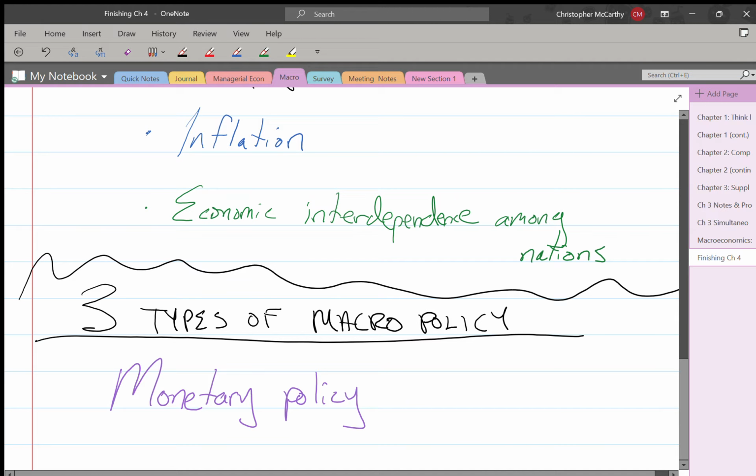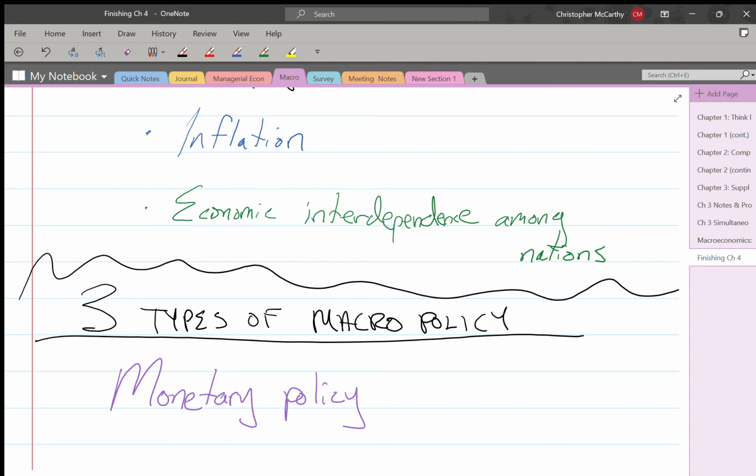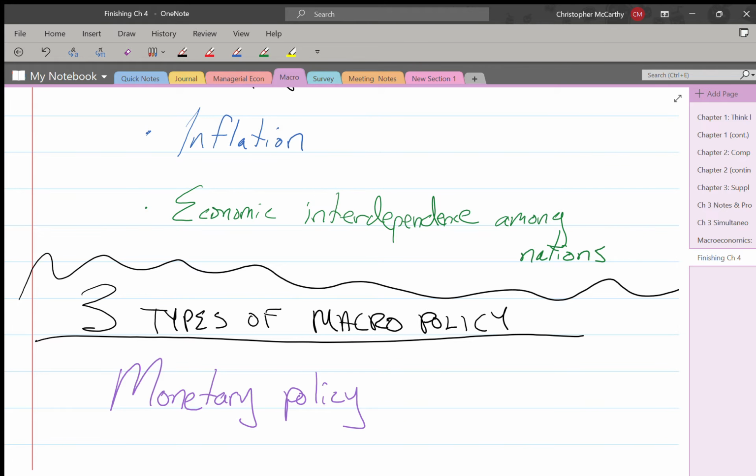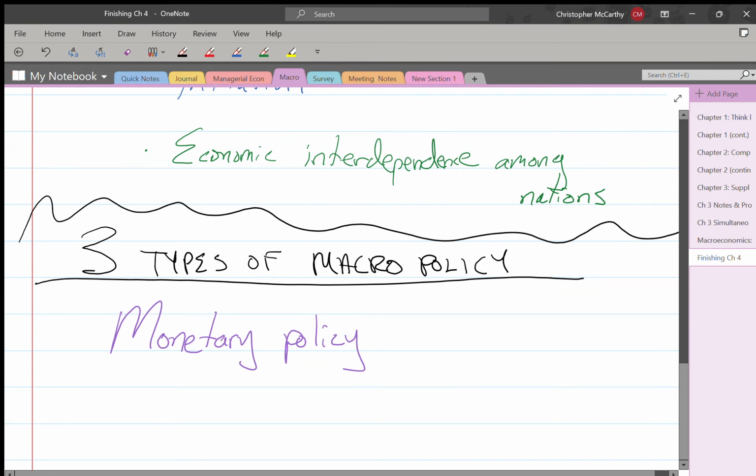Monetarists are these people that are very strict about not increasing the interest rate, not letting the prices increase at all, and that any interest rate increase or decrease is going to have a negative impact on the market. So monetary policy is the determination of the nation's money supply.